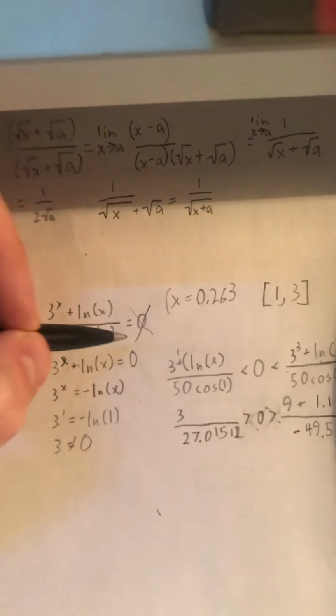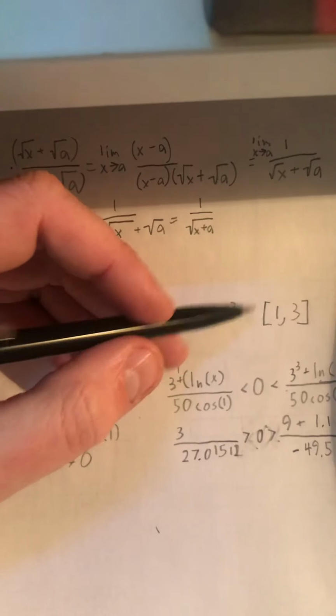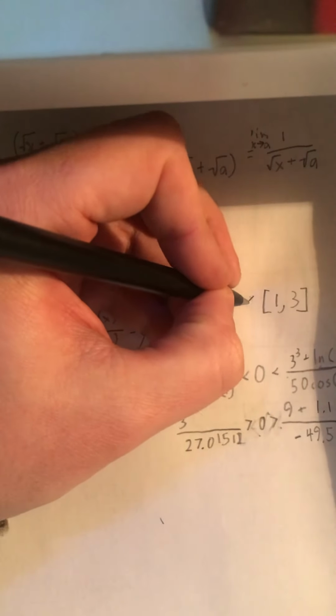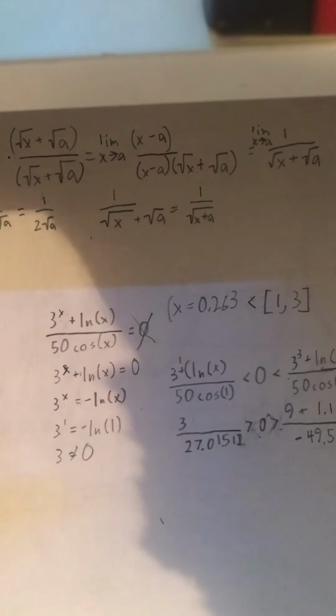If we worked back through this, we get 0.263, which is less than 1. So that is why this equation cannot be guaranteed to have a solution at 0.